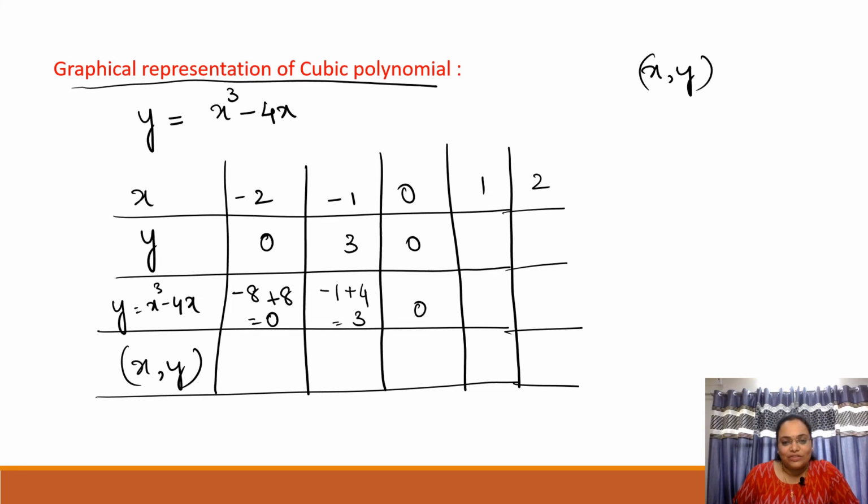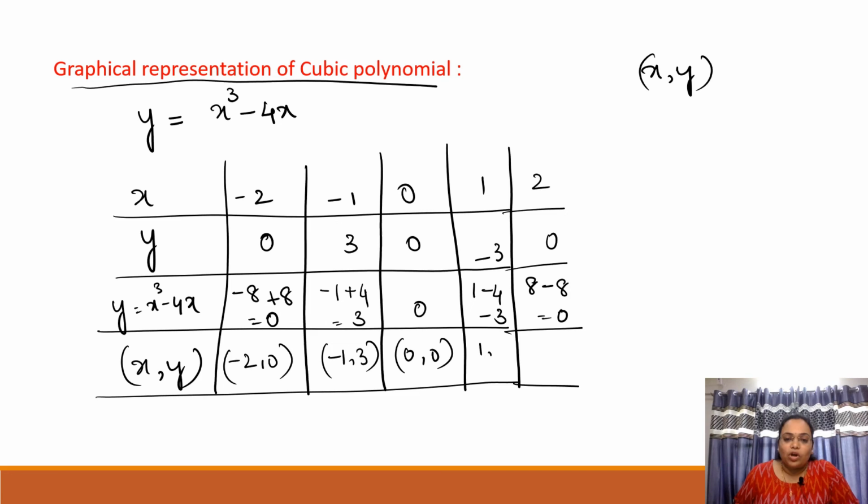When x is equal to 1, y will be 1 cube is 1, minus 4 is minus 3. y will be minus 3. When x is equal to 2, y will be 8 minus 8 is 0. Now let us write the x and y coordinates: minus 2 comma 0, minus 1 comma 3, 0 comma 0, 1 comma minus 3 and 2 comma 0.